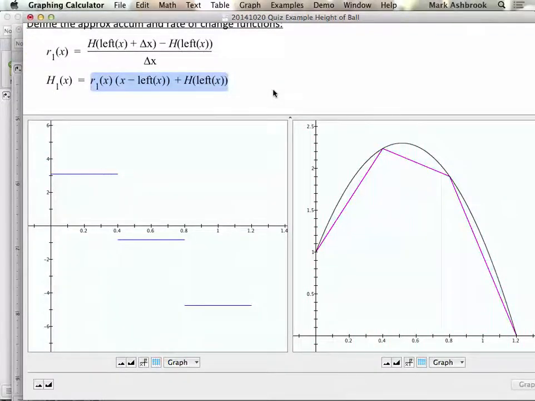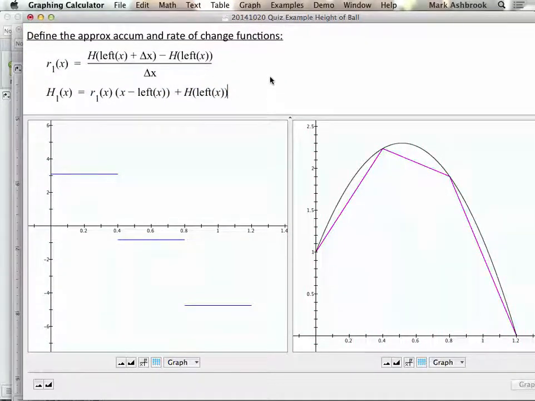And those are defined here. So we're just putting together tools that we already have. This isn't anything new. We're applying the tools to this new situation of starting with accumulation and trying to figure out what the rate is.